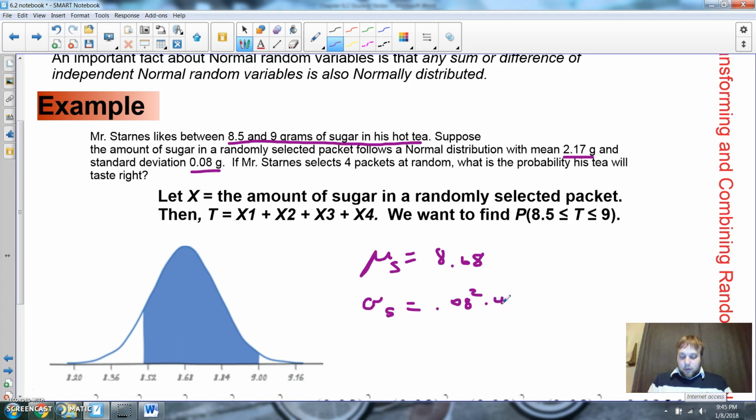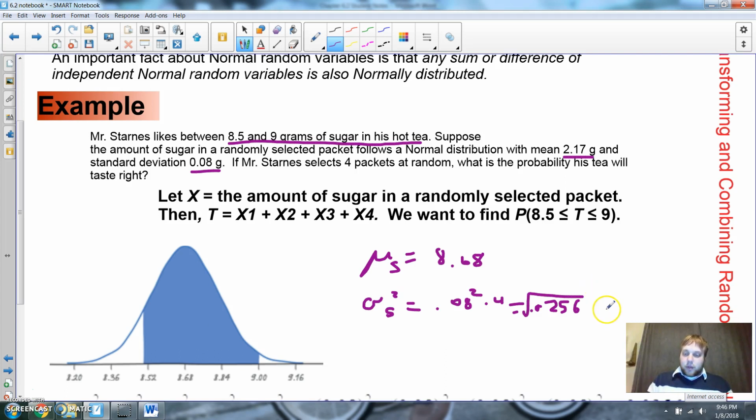So I'm going to go 0.08 squared times 4, and I get 0.0256, and remember, that's when it's squared, so I need to square root it.